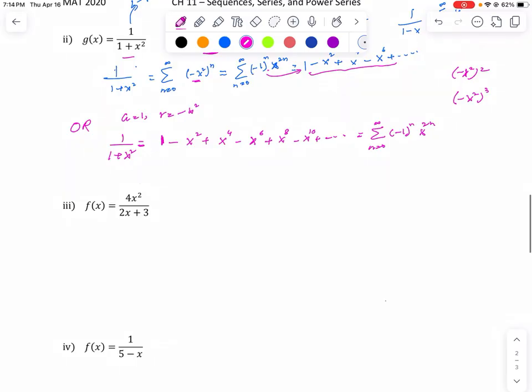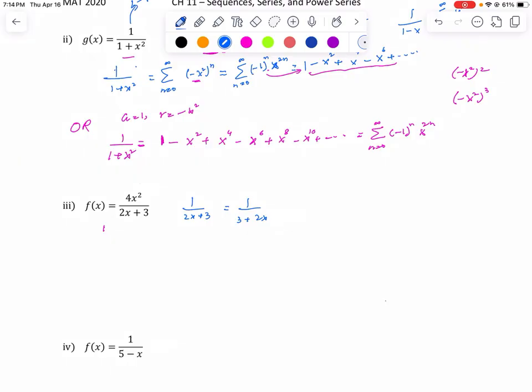So I start with 1 over 2x plus 3. I can write it as 1 over 3 plus 2x. Now we will divide top and bottom by 3, or we can say I will factor out 3 from the bottom.